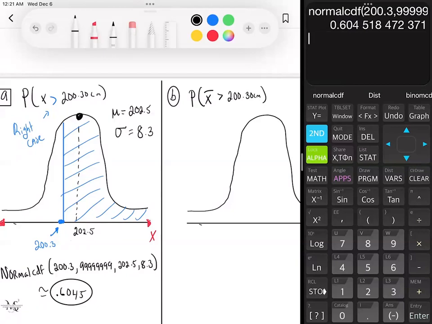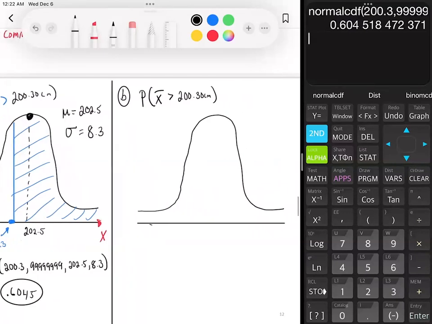Okay, so for this example, we're no longer dealing with X. X was the individual values, just the individual overhead reaches. X bar, on the other hand, will be the appropriate way to label our axis.